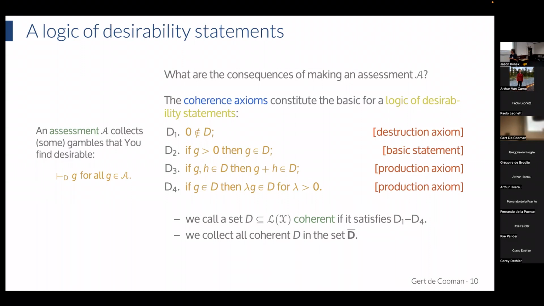Why do I assume D2? This is some kind of basic assumption. The idea is there are some gambles that are always desirable. There's a background of things that, even if I know nothing, I will always think that this is desirable. For instance, the positive ones. But these could vary in different theories. These background gambles can be different.